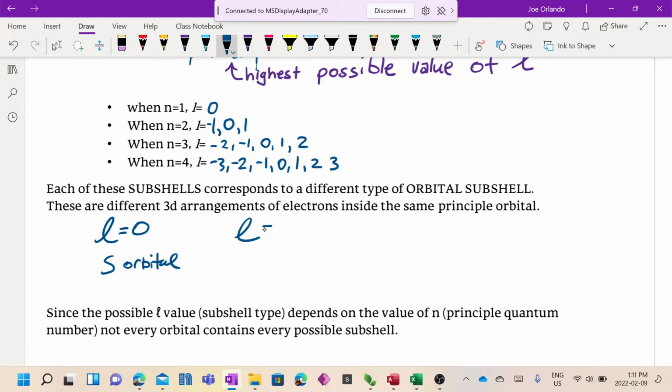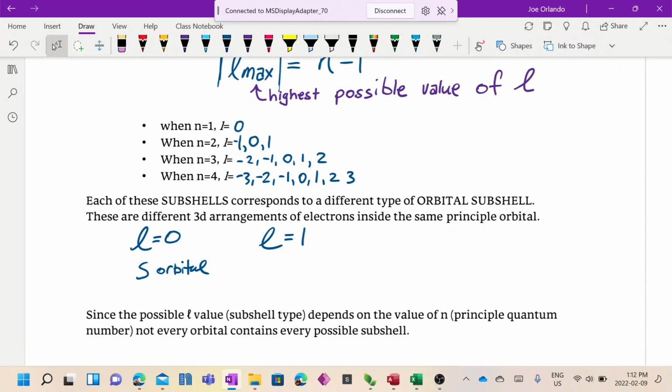When L equals 1, we call this a p orbital. Oh, I did it anyway, didn't I? We're going to talk in a minute.